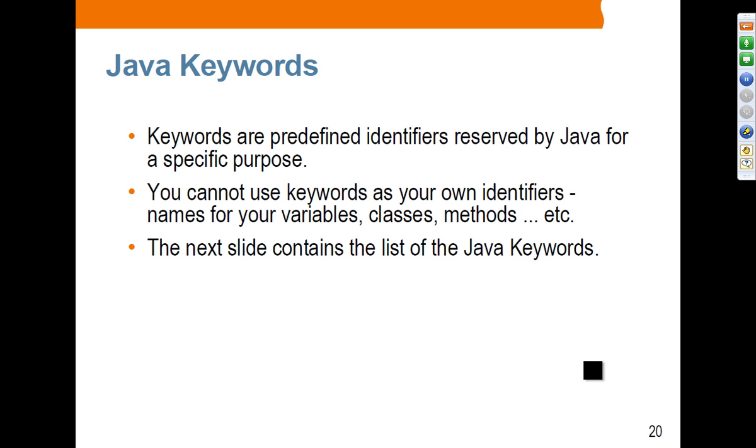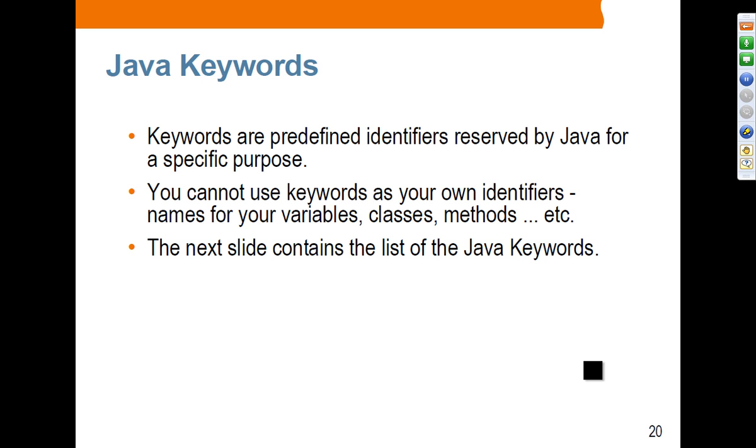All right, the concept of Java keywords. These are words that are reserved by Java for specific purposes. For example, the class keyword is reserved by Java for declaring a class. So you cannot use the class keyword for your own identifiers, meaning the name of a variable, class, or method.